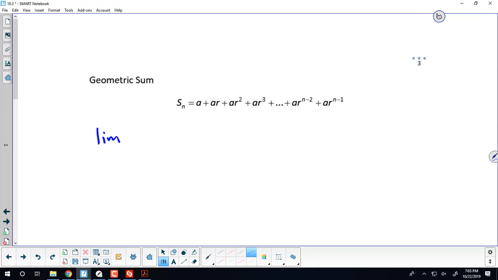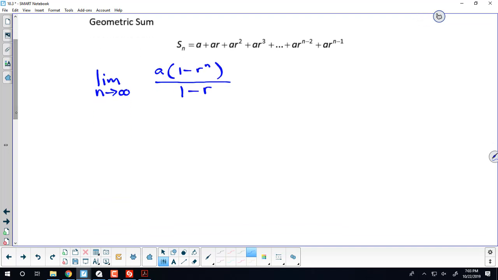In order to find this limit, we need to view it in cases. So case number 1, let's look at when the absolute value of r is less than 1.